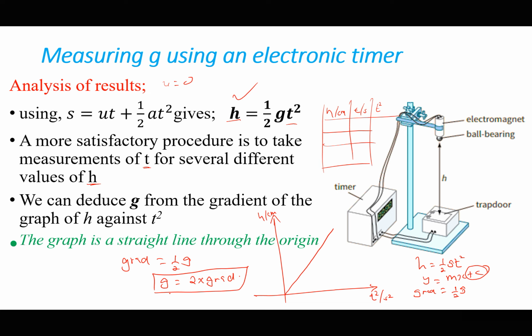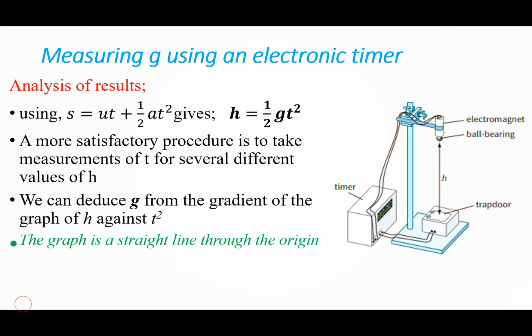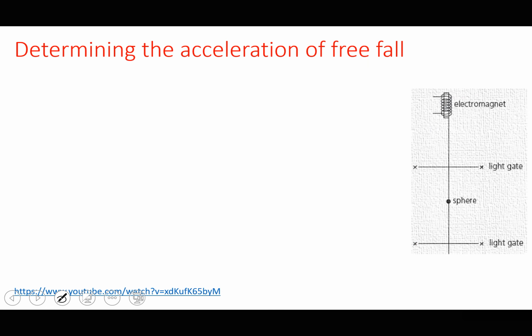The other simpler method would be using light gates. We have already seen how light gates are used. Let's say we have one light gate here and another light gate here, and we are still going to use an electromagnet to drop a sphere. The only thing we need to do is to measure the distance between the light gates, let's say that is h.